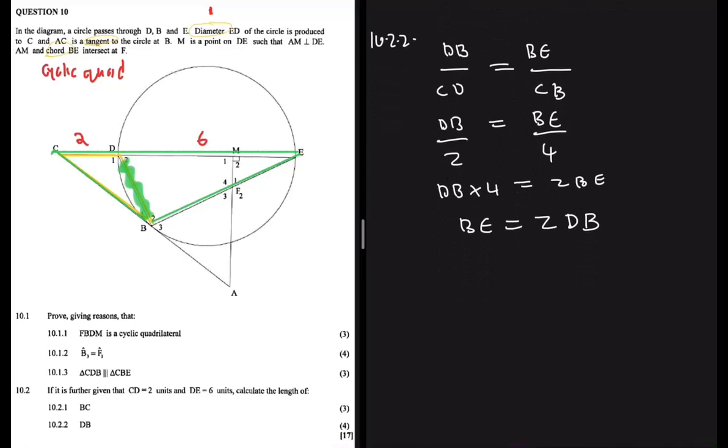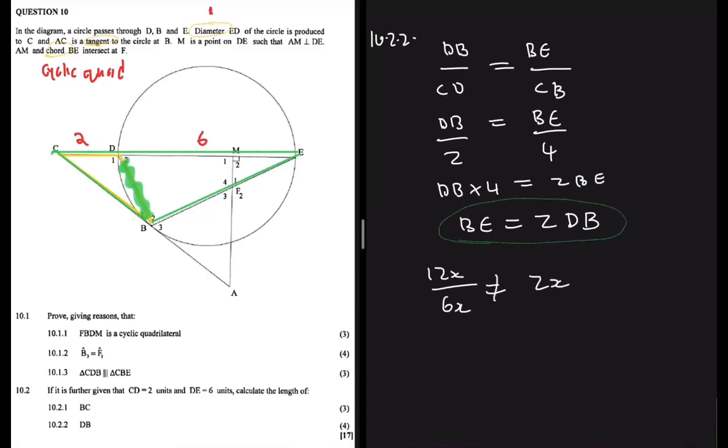But the trick of the question is realizing that as soon as you have this, if you use any kind of proportionality, then you won't be able to solve for either DB or BE, right? Because let's say you're dividing 12x by 6x. This is not 2x, right? It is 2. So if you have one length in the form of another, you cannot divide your way into finding the length, because the length itself will be cancelled out and you'll only be left with the proportion.